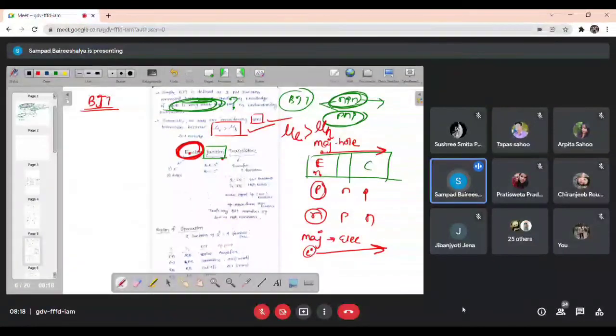The last one is transistor. We already defined what a transistor is: transfer of resistor, that means we are changing the resistance level from one to another. In a BJT, junction one, the first junction between the base and emitter, is forward biased, and in forward bias the resistance is low.